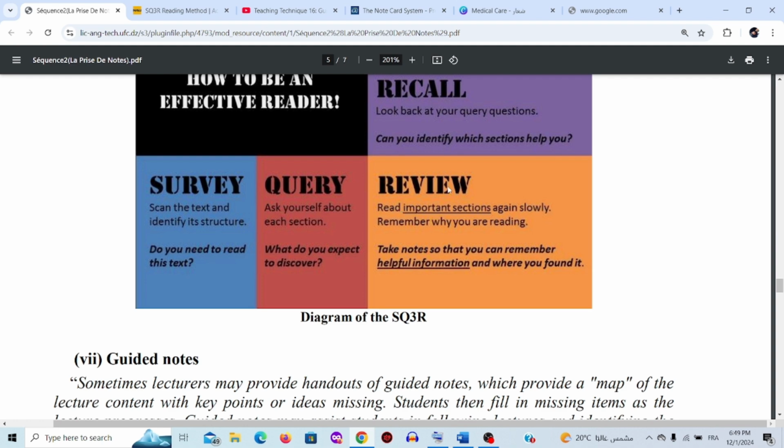In this phase, you are going to read just the important sections that answered your questions, slowly, and you are going to take notes about the helpful information, and where you found it.